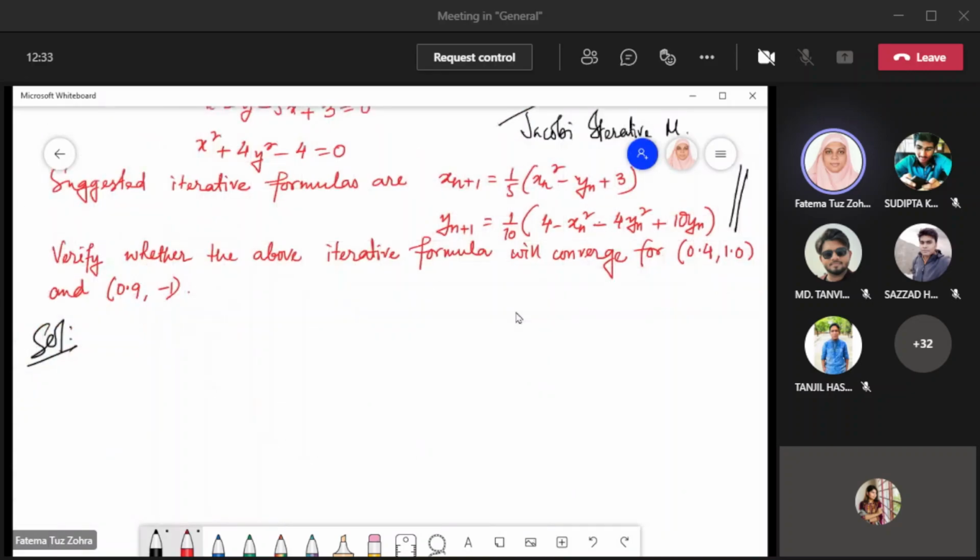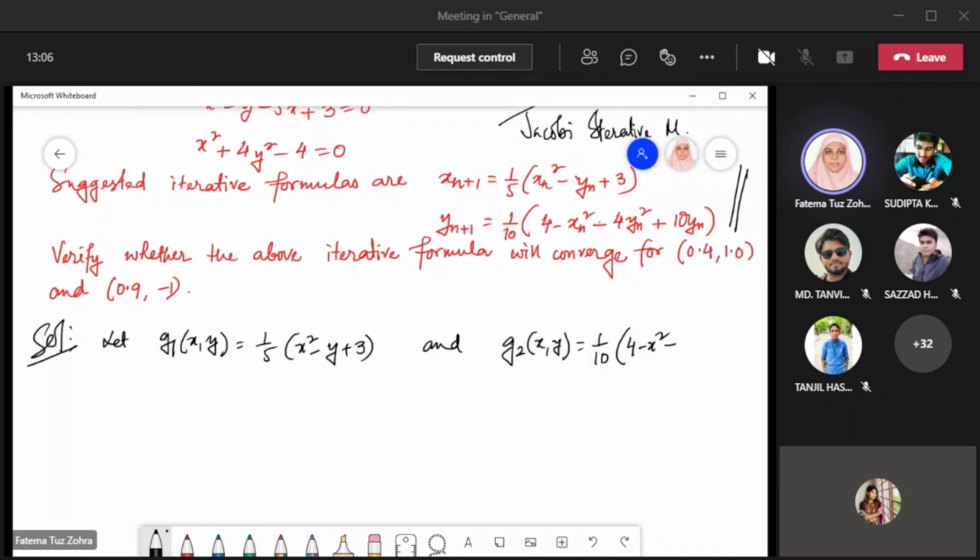Whatever we are trying to apply, the first thing is we need to verify which formula will converge. So let g1(x,y) = 1/5 (x² − y + 3) and g2(x,y) = 1/10 (4 − x² − 4y² + 10y).